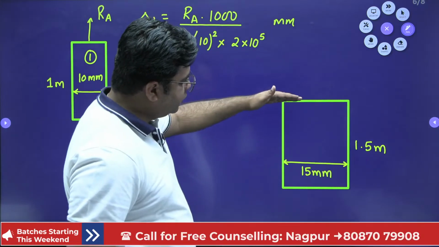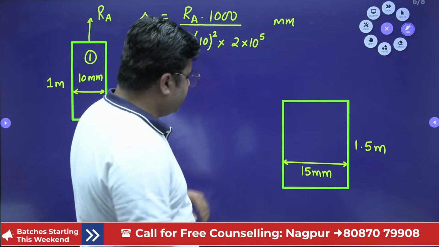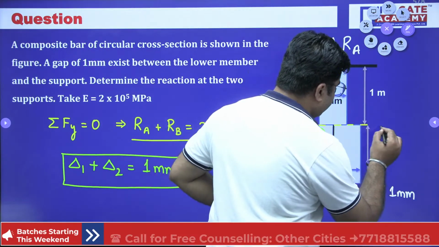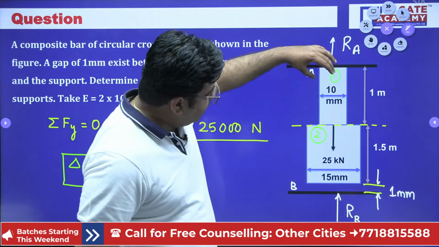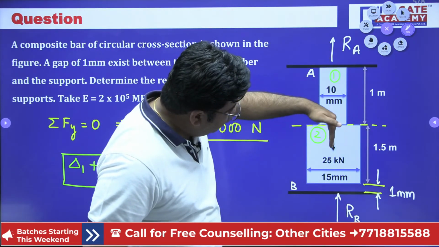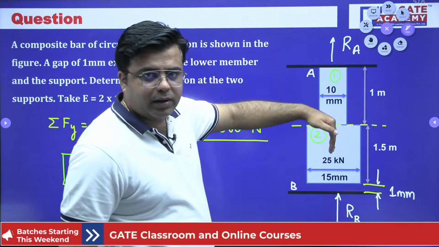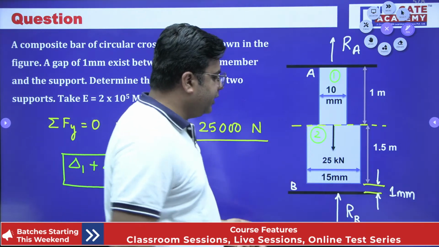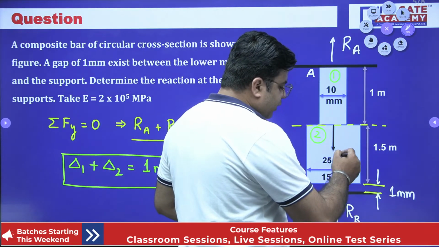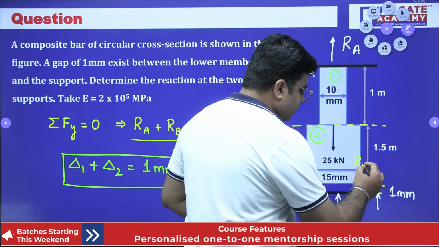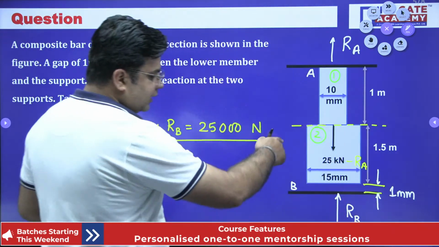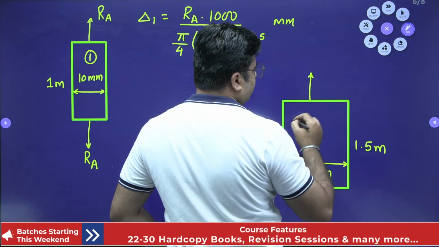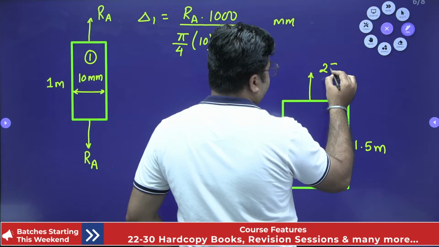Now if you look into this junction where the upper and lower members are connected, the upper member will be applying a force of RA, and this lower member will have the net force of 25 kilonewton minus RA. So the net force present in the lower member is 25 minus RA.